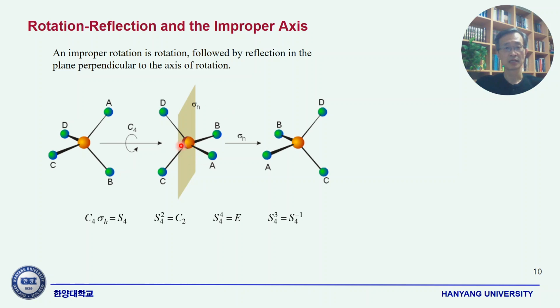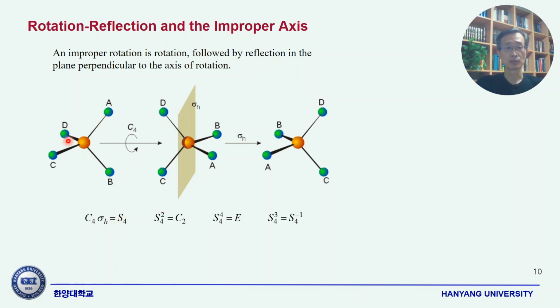Then this is the C4 rotation, and perpendicular to the C4 axis there is a sigma H horizontal mirror plane. The mirror plane sends B to this side, A to the other side, C to the other side, D to the other side. So this is C4 followed by sigma H, that is S4, the improper axis of rotation.